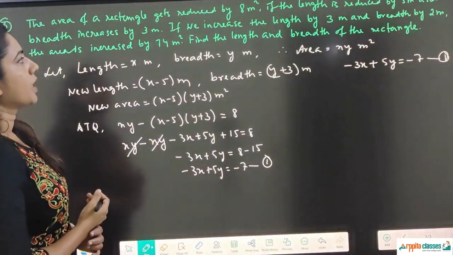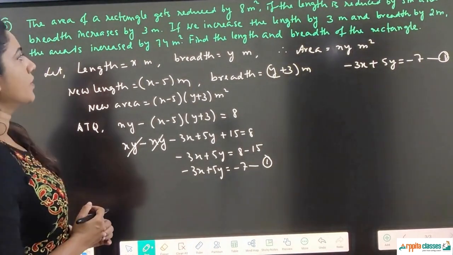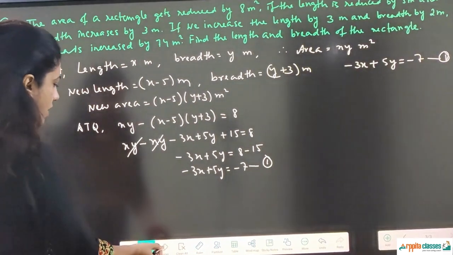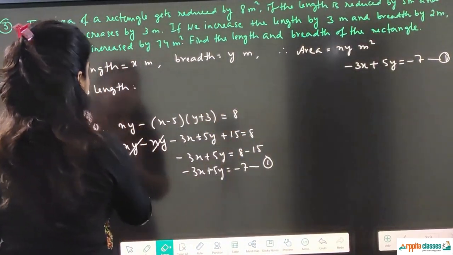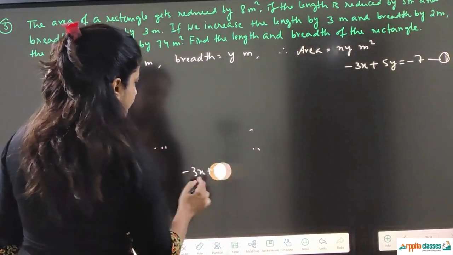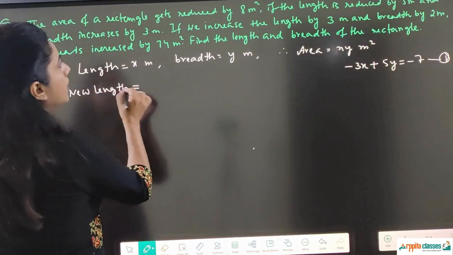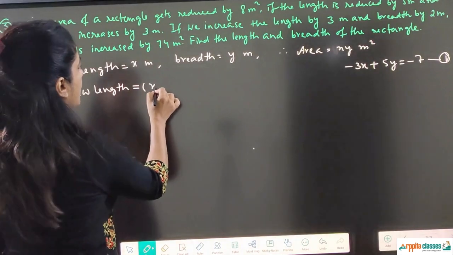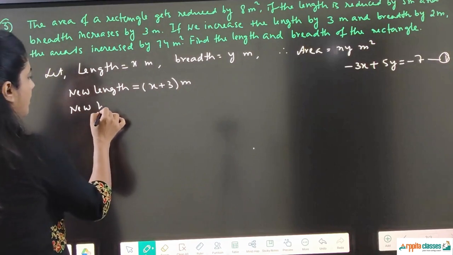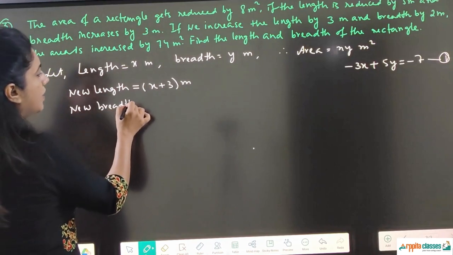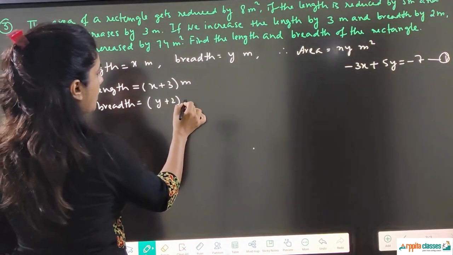Now they are saying, if we increase the length by 3 meter and breadth by 2 meter, the area is increased by 74 meter square. So according to the second case, if the length is increased by 3 meter, the length becomes x plus 3 meter, and the breadth is increased by 2 meter, so the breadth becomes y plus 2 meter.